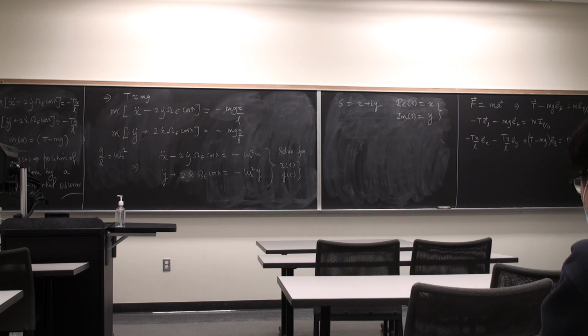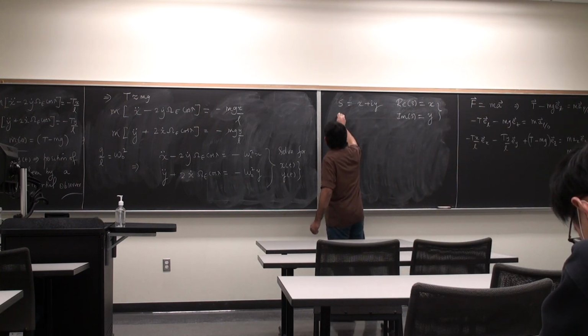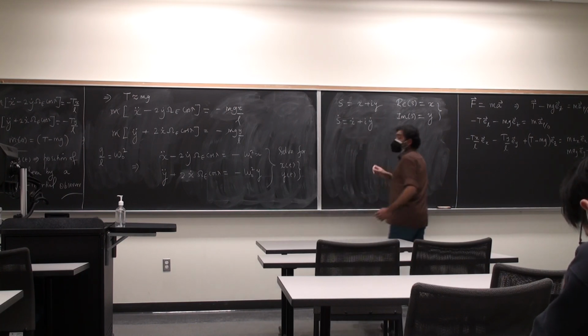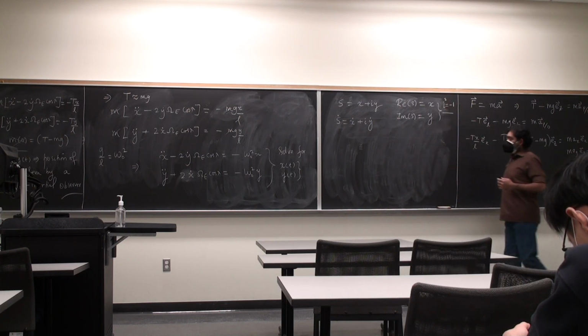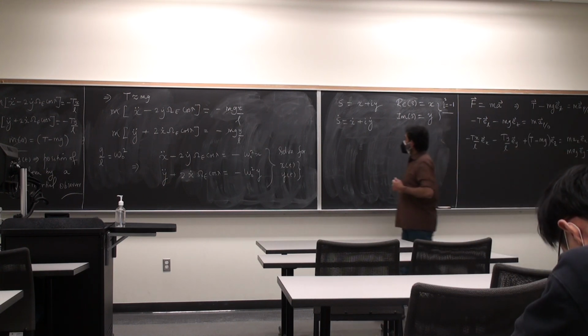If I need y, I will look at the imaginary part of s. Okay? So if I have this, I differentiate both sides. i is the imaginary number, so that's something to keep in mind, and i square is minus 1. s double dot, x double dot, and y double dot.